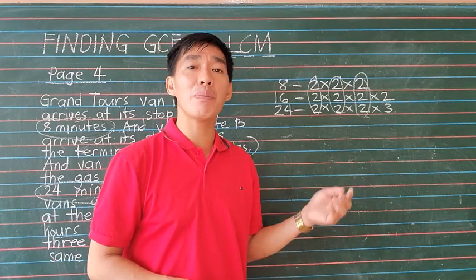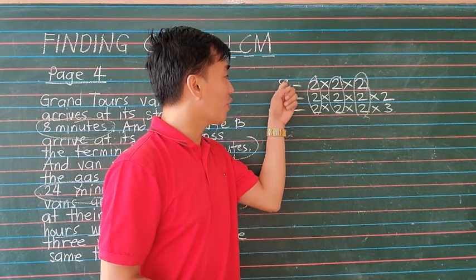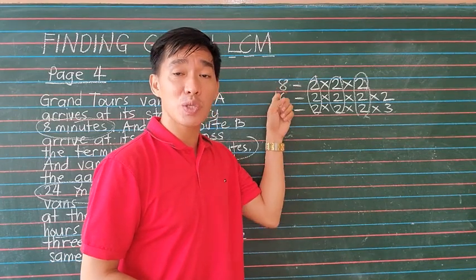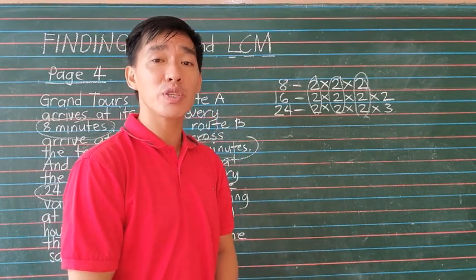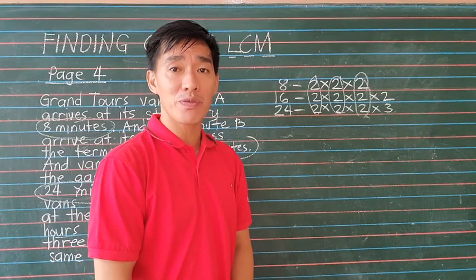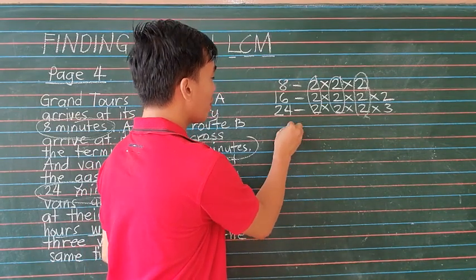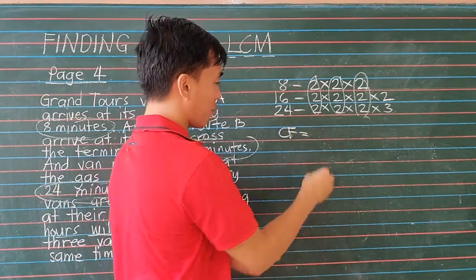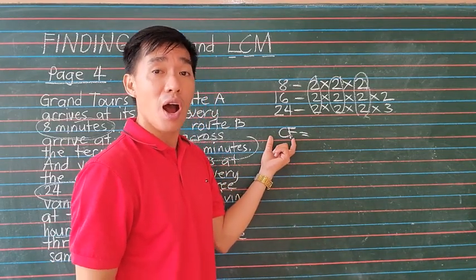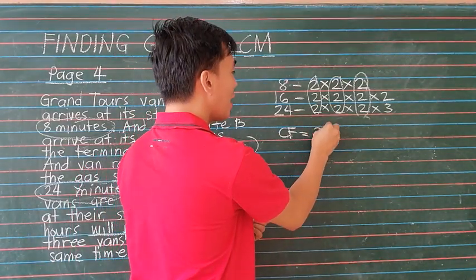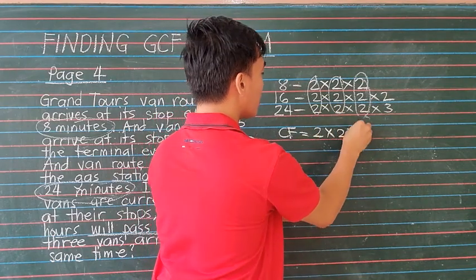After we already have the prime factorization of these numbers 8, 16, and 24, the next thing that we have to do is to get their common factors. So their common factors here, or the CF, which stands for common factors, are the following: 2, another 2, another 2.